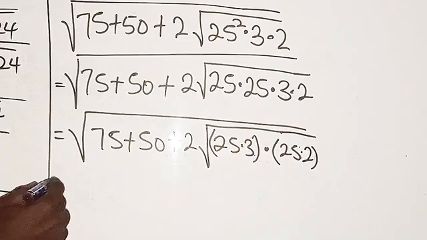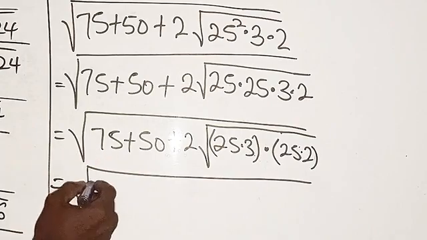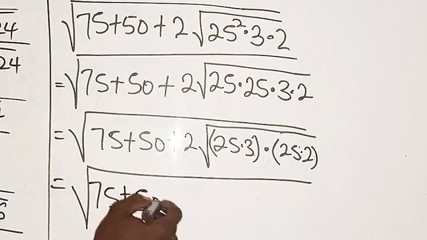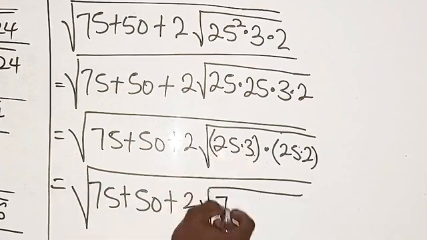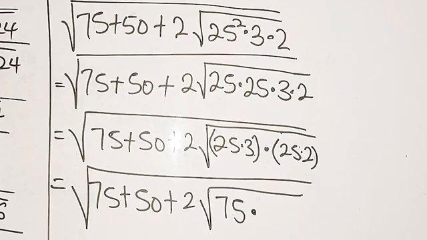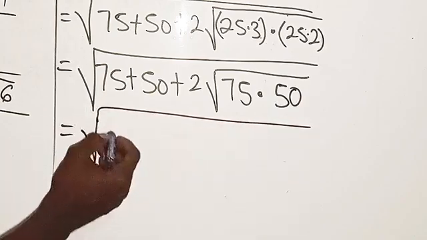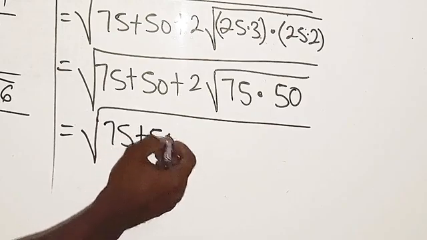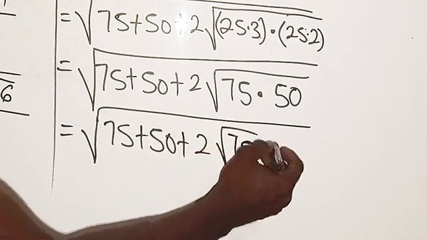Alright. So now from there we have 75 plus 50 plus 2, this will be 25 times 3 will give us 75, then multiplied by 50, right? So now also I can split this like this by having 75 plus 50 plus 2, then root 75, then dot root 50.